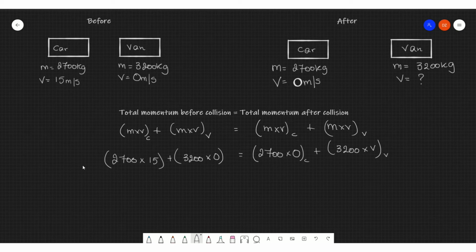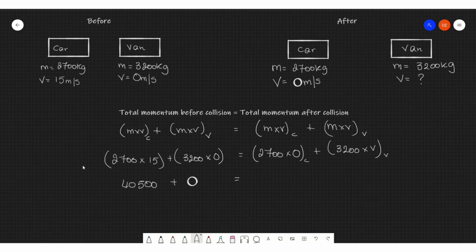We work out each individual bracket now, so 2,700 times 15 is equal to 40,500. 3,200 times 0 is equal to 0 because anything times 0 is 0.